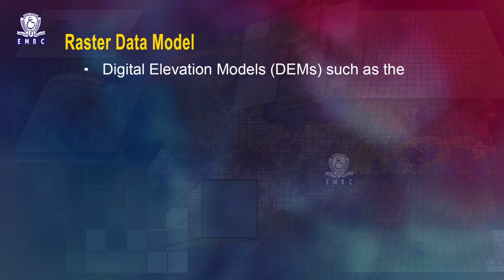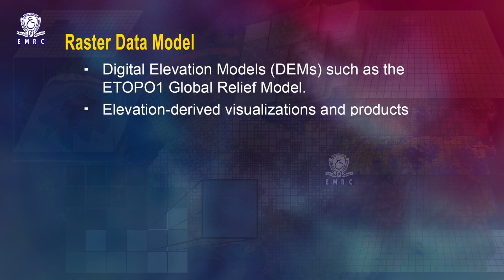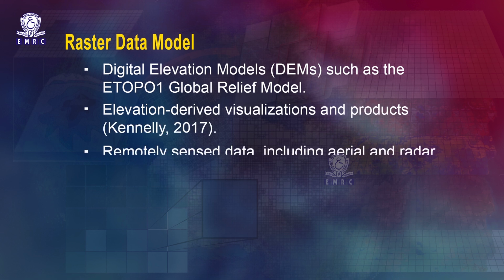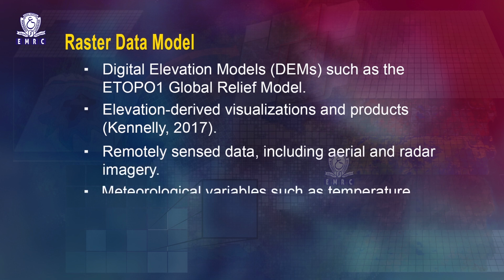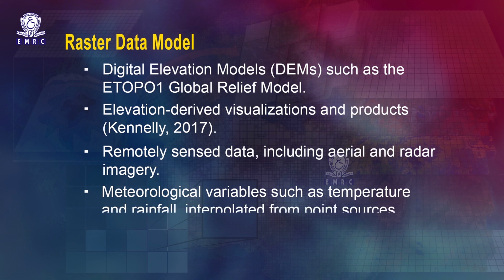Summary: the raster data model is widely used to encode GIS data. Examples include digital elevation models (DEMs) such as the ETOPO1 Global Relief Model, elevation derived visualization and products (Kenley 2017). Remotely sensed data includes aerial and radar imagery.